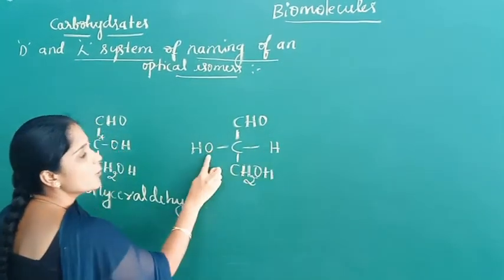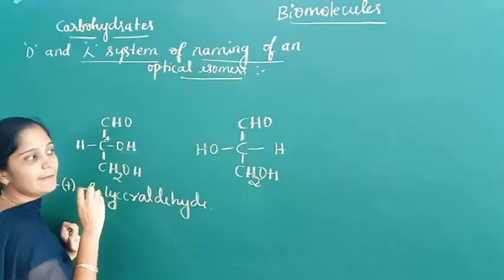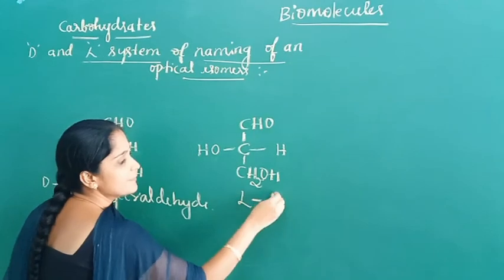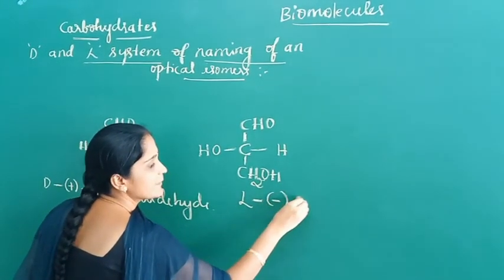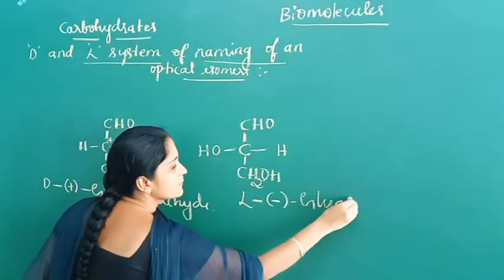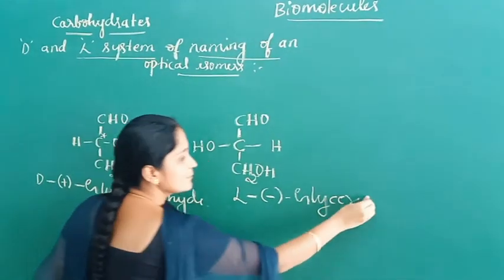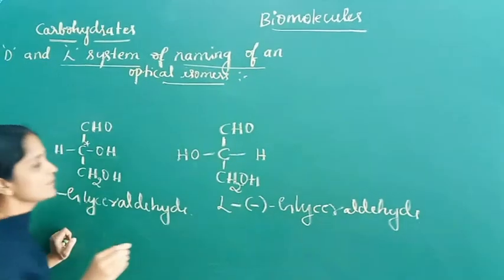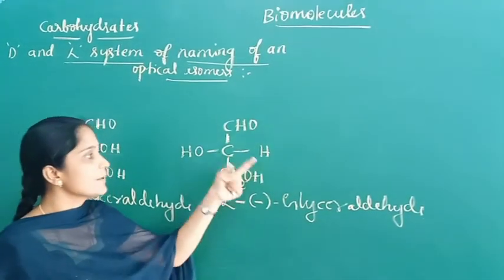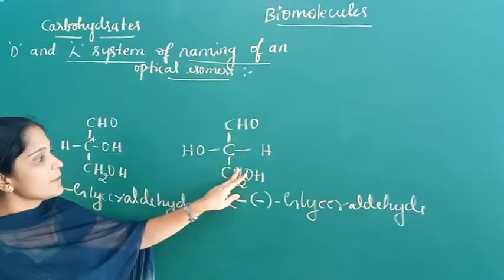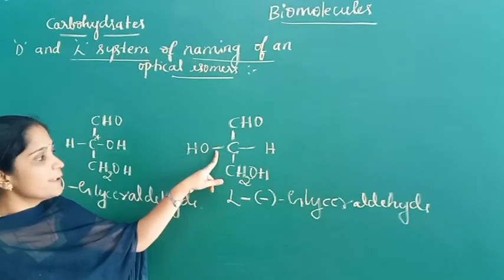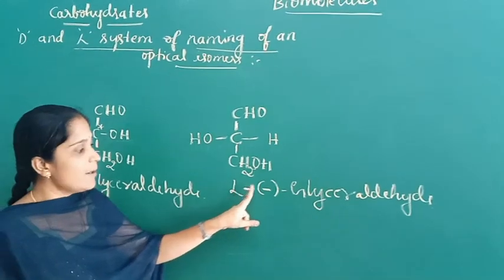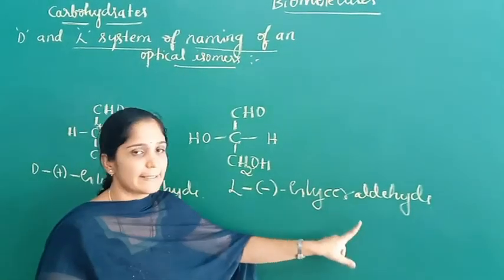If the OH group is present on the left hand side of the asymmetric carbon, then we call it L-(−)-glyceraldehyde.